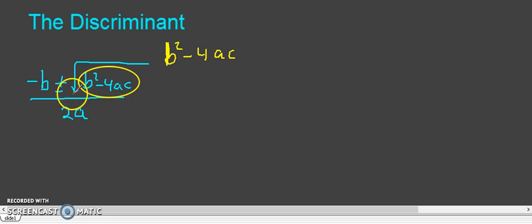That makes sense because it's under the radical. So if the discriminant is negative, then it has imaginary solutions, right?